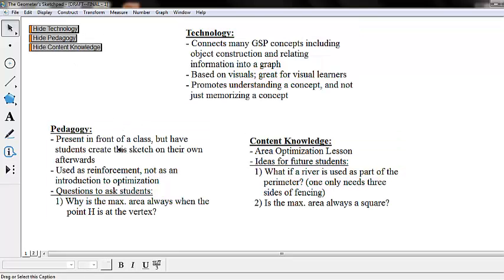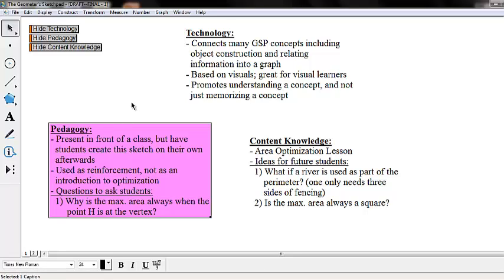And the next part is, as a future teacher, I think I would present this lesson in front of a class after I have already talked about finding a max and min from setting the first derivative to 0 and how that's the tangent slope. I would use this sketch as reinforcement, not as an introduction to the concept. Some questions I might ask while teaching this lesson vary.